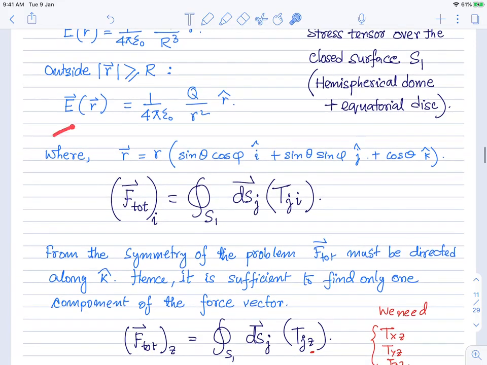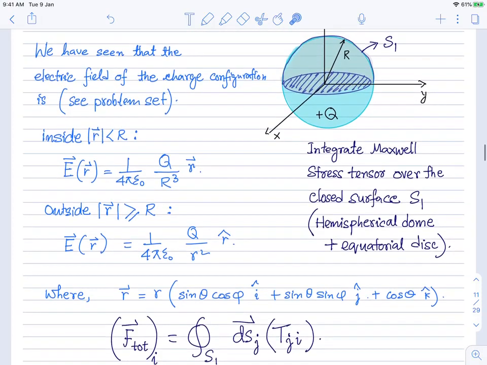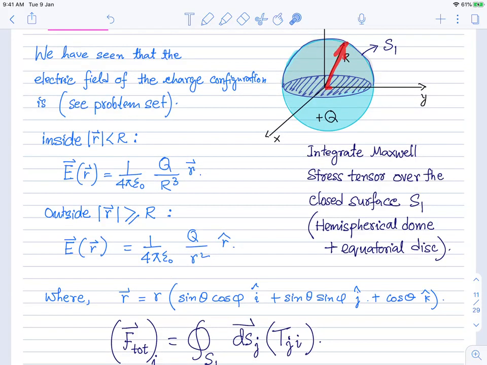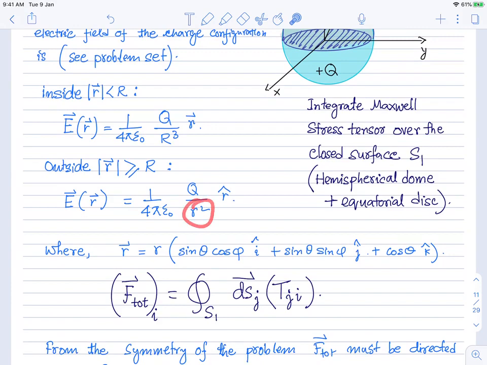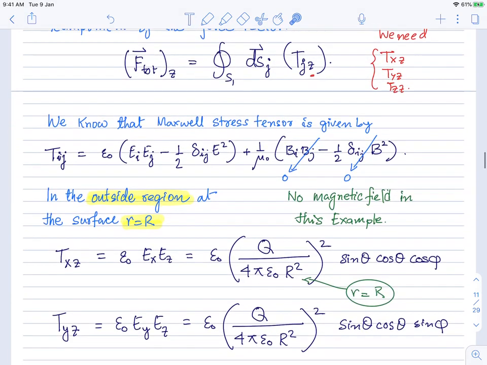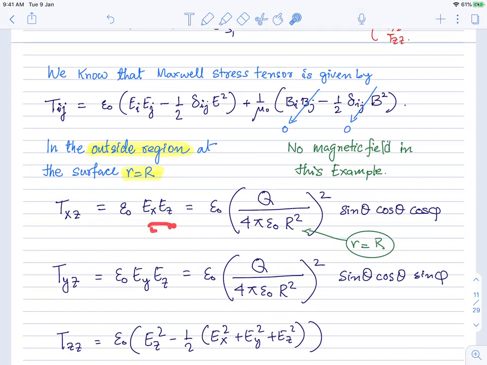It is very easy to write down the corresponding values of the electric field, and this is divided by r square. But on the hemispherical surface, that radius r is simply capital R. Therefore we have substituted small r square as capital R square, which is the radius of the sphere, and also the radius of the hemisphere that we are considering to integrate.